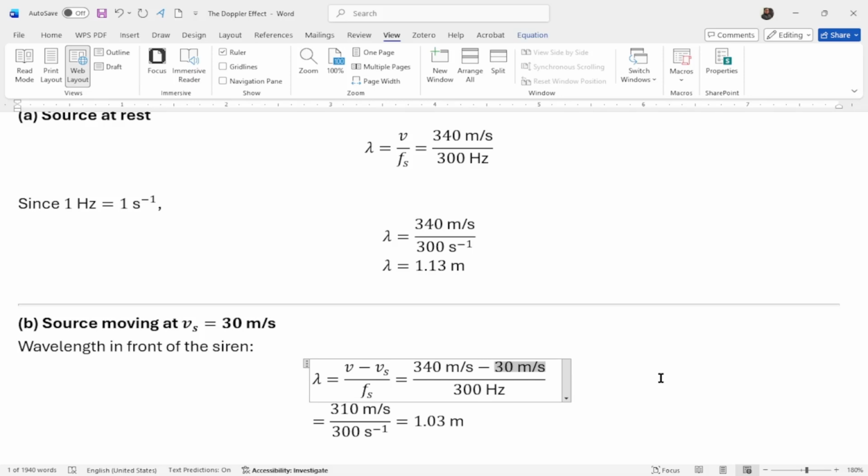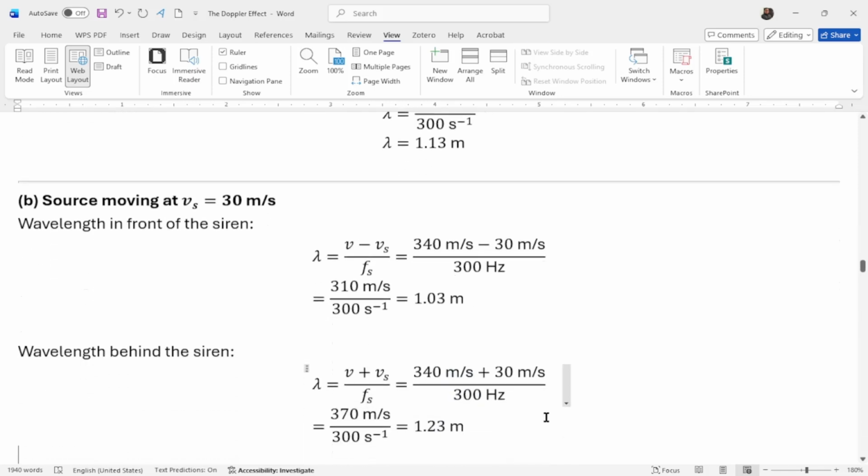So we're going to subtract 30 meters per second from 340 meters per second, and the difference will be divided by 300 hertz, that is the frequency of the source. After the computation, we have 1.03 meters.